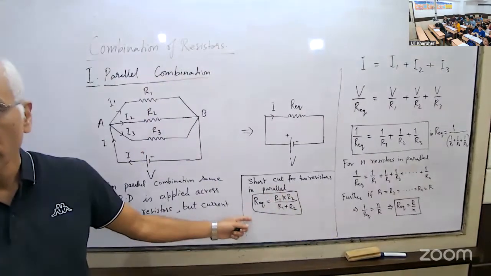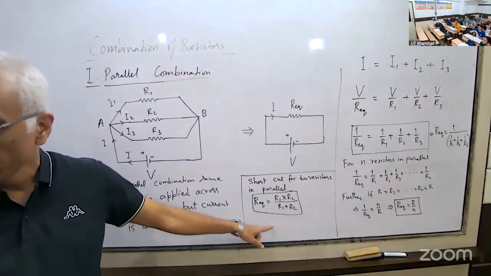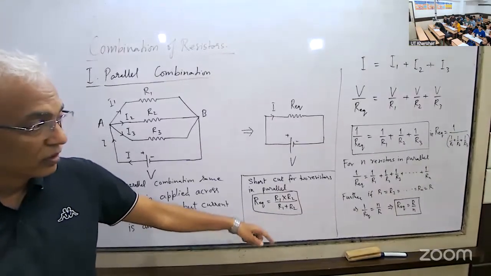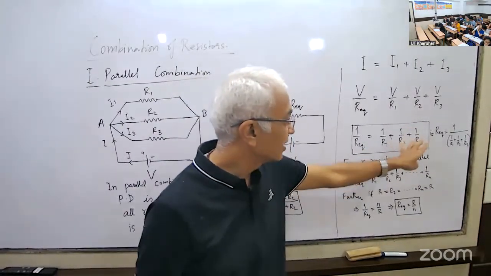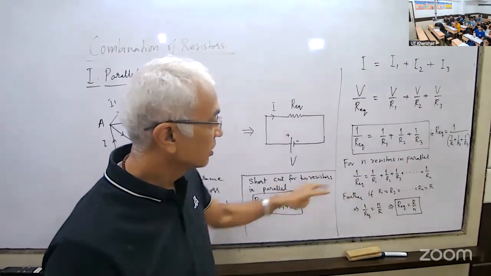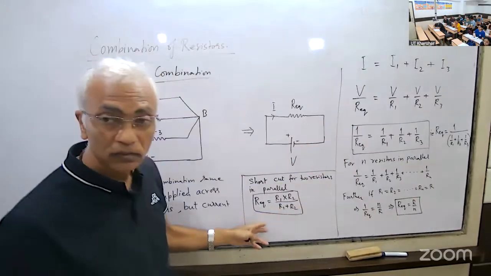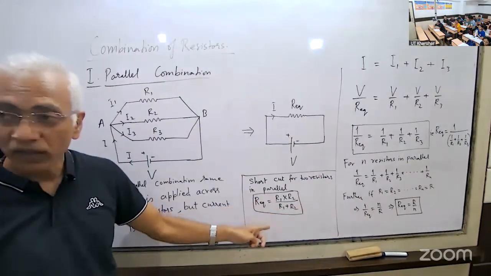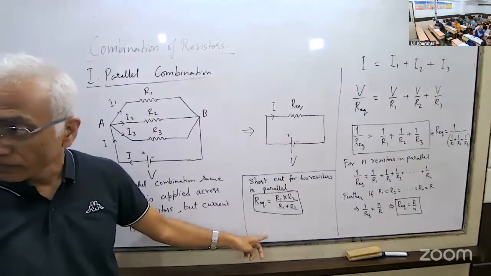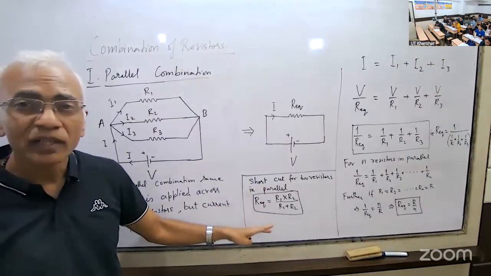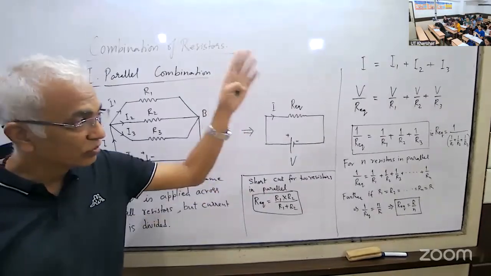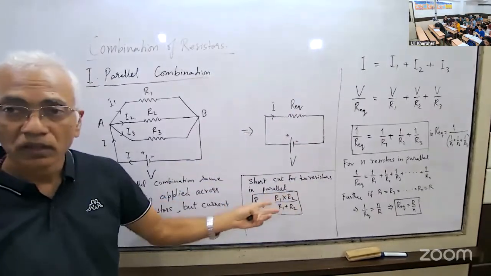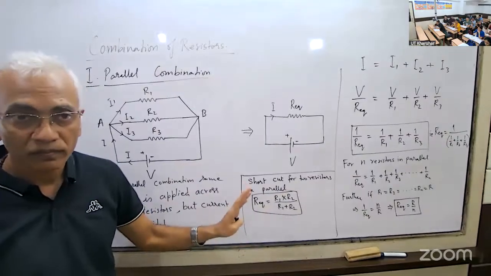What is the shortcut? Product by sum. You take the LCM, so that becomes the product, and then when you finally take the reciprocal, the final answer will be product by sum. Many numericals will consist of only two resistors. You don't need to do a very lengthy calculation. Just take the product and divide by the sum.